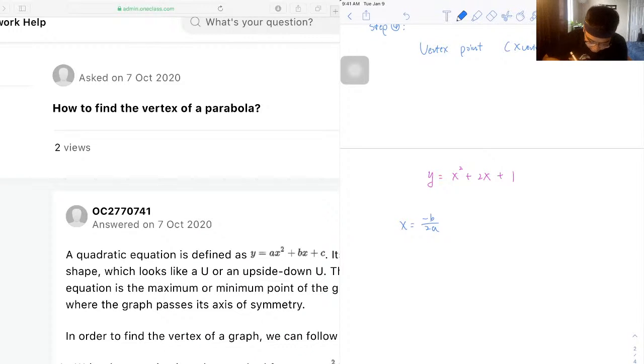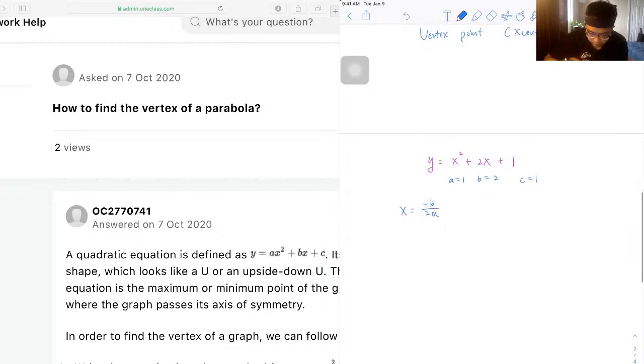As you can see here, in this quadratic equation, a is equal to 1, b is equal to 2, and c is equal to 1. So negative b over 2a will be negative 2 over 2 times 1, which is negative 2 over 2, which is just going to be negative 1.